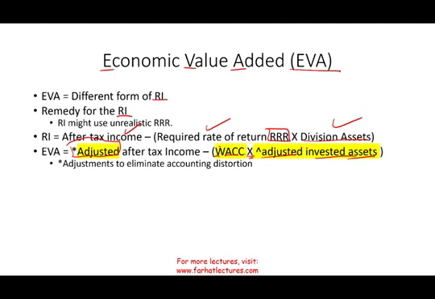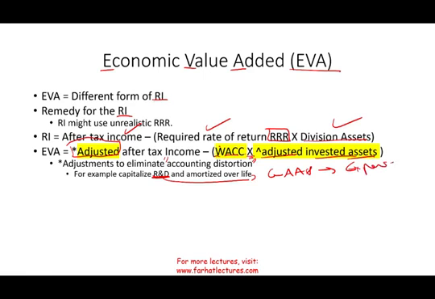Okay, so what type of adjustments do we make to income? Well, we're going to eliminate what we call, in quotes, accounting distortion. Like what? For research and development, under GAAP we expense research and development. We assume it has no future benefit, therefore it gets expensed.